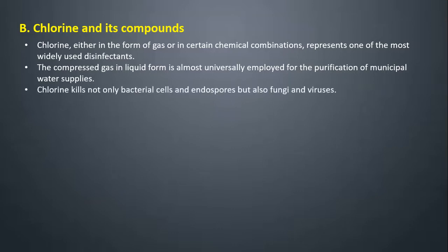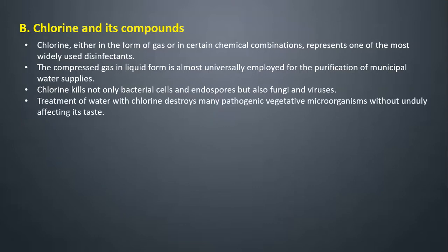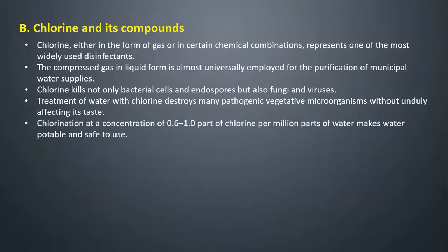Chlorine kills not only bacterial cells and endospores, but also fungi and viruses. Treatment of water with chlorine destroys many pathogenic vegetative microorganisms without unduly affecting its taste. Chlorination at a concentration of 0.6 to 1.0 part of chlorine per million parts of water makes water potable and safe to use.